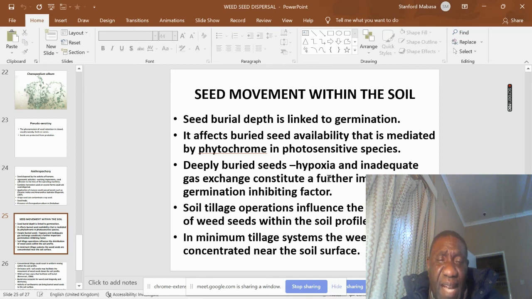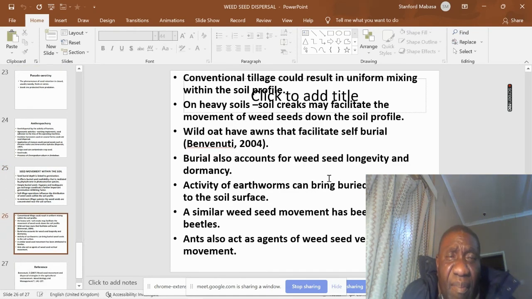Tillage can move seeds up and down the soil profile. In minimum tillage systems, the weed seeds are concentrated near the soil surface. However, conventional tillage could result in uniform mixing of seeds within the soil profile. On heavy soils, please note that there could be soil cracks, which may facilitate the movement of weed seeds down the soil profile.